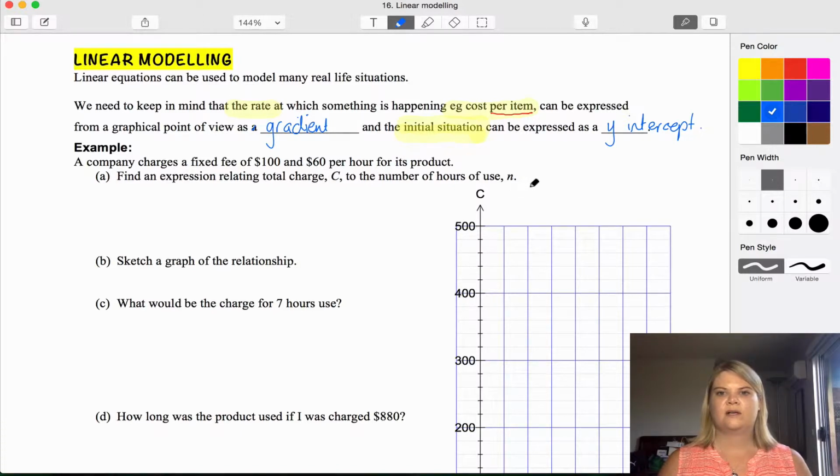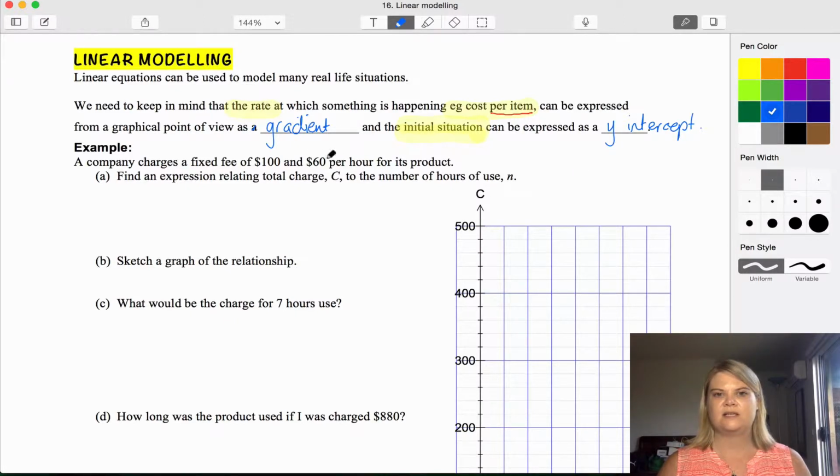With your linear modelling problems, you're going to get two main types of questions. The first one is a fixed rate plus a certain amount per hour after. This is how phone companies charge you for their calls, something like a 25-cent flag fall at the start of the call, and then 12 cents per minute afterwards, things like that.